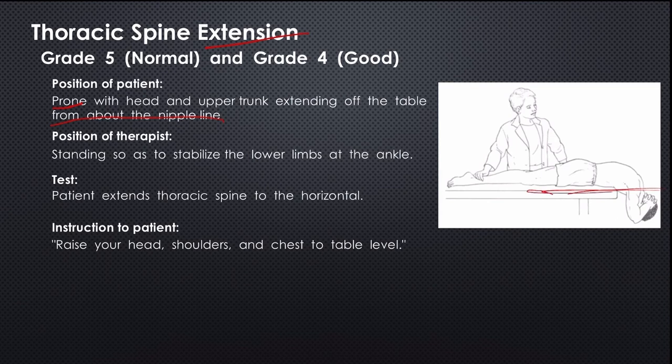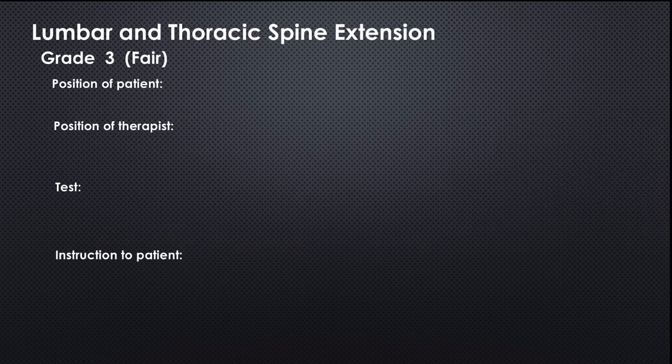So this is it for grade 4 and 5 for thoracic spine extension. This is actually done this way so that we can clearly identify that the region we are testing is the thoracic spine, because at the nipple level, most likely the majority of the thoracic region is at that part. Okay, so that's for grade 4.